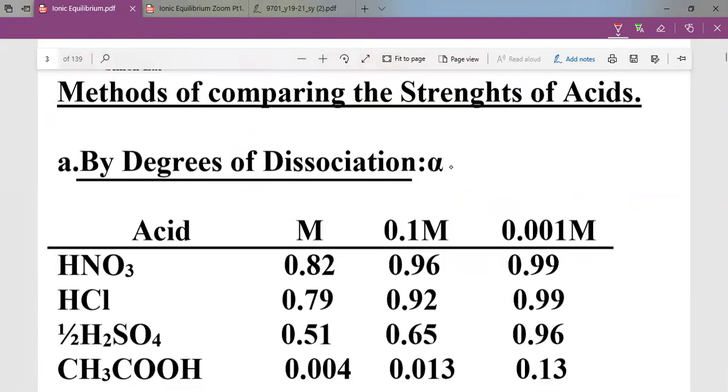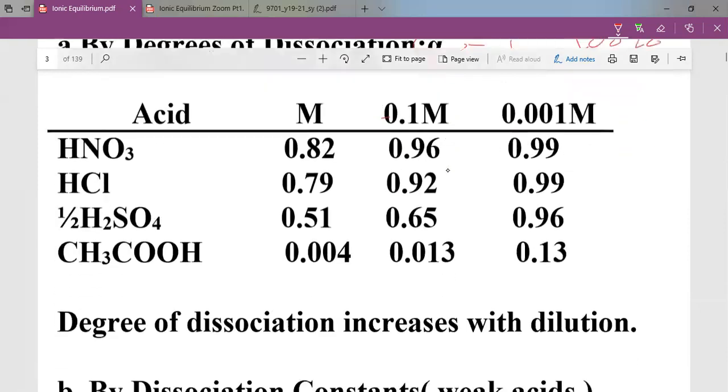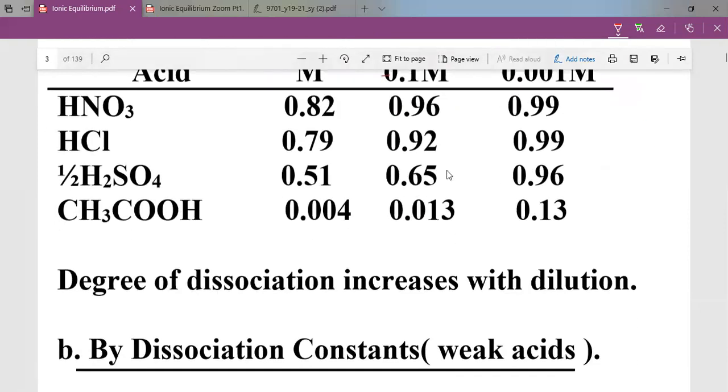Now, 2 ways to consider the strength of an acid. Alpha means how much it dissociates. If alpha is 1, that means it's 100% dissociated. Normally we don't use alpha anymore in the exam, in CIE.